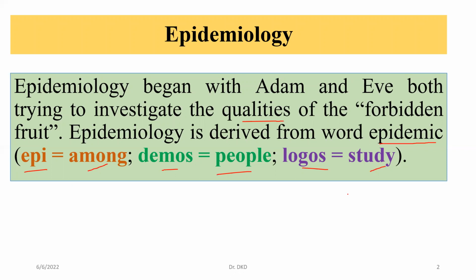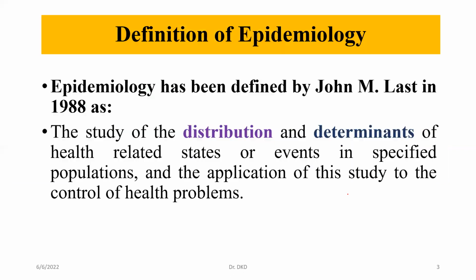Now we need to understand how we define epidemiology. Epidemiology was defined by John M. Last in 1988 as the study of the distribution and determinants of health-related states or events in specified populations, and the application of this study to the control of health problems.